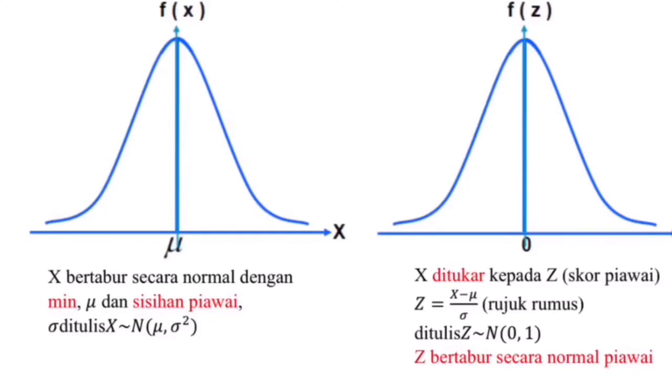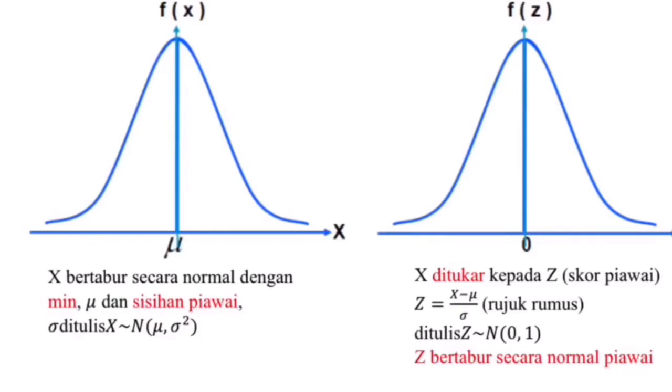The characteristic of the bell shape is that probability is represented by the area under the bell shape. The area shaded in green represents the probability for z more than a. A is the z-score on what we call the x-axis, but here it's the z-axis.